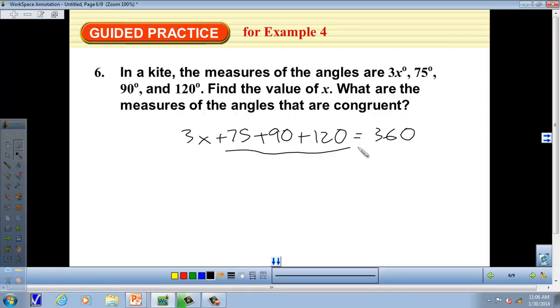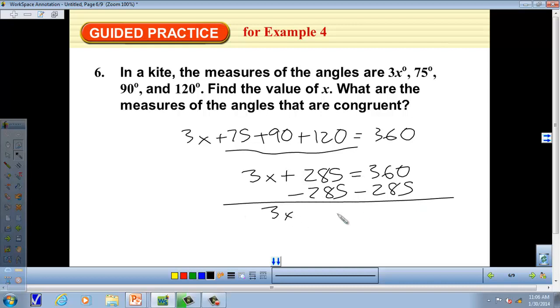Combining the like terms here, we get 3x plus, see, that's 120, that's 210, that's 285, equals 360. We're going to subtract 285 from both sides.